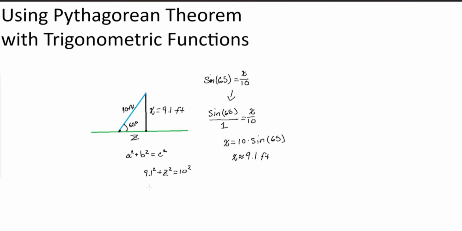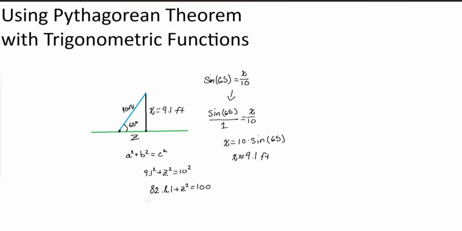Now let's rearrange this. First, 9.1 squared is 82.81. So we can say 82.81 plus z squared is equal to 100, because 10 squared is equal to 100.